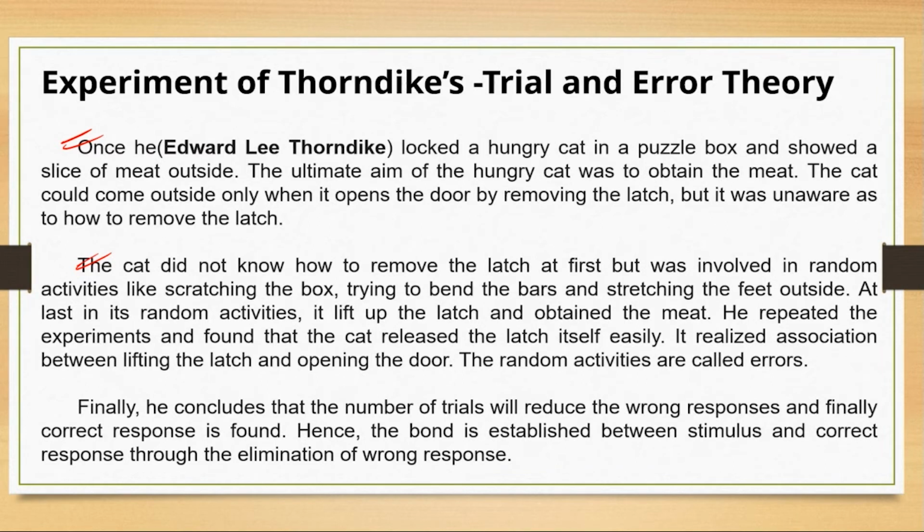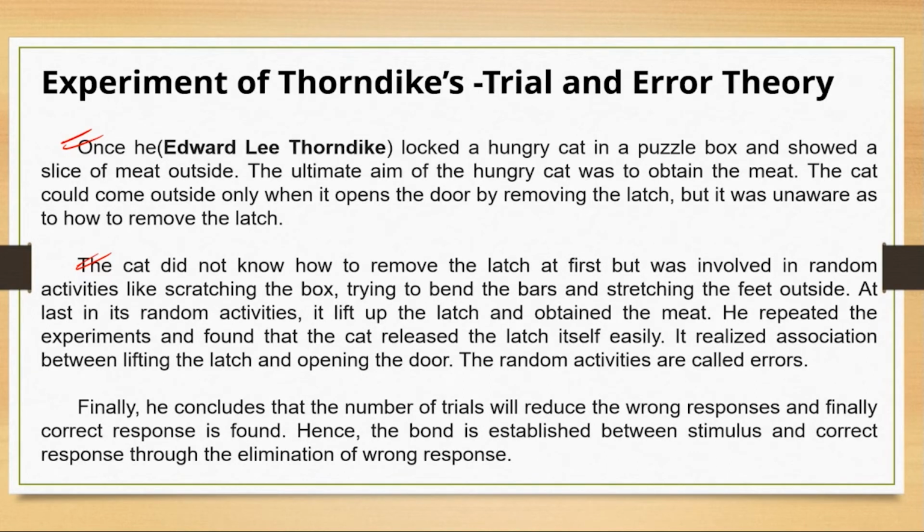And in response to that, the cat performed random activities like scratching the box, trying to bend the bars, stretching the feet outside. These were activities meant to help the cat come outside the box. Cat did not know what was actually the correct response. However, after several attempts, the cat finally lifted up the latch and could come outside. And that was when the cat realized that by lifting up the latch, it could come outside.